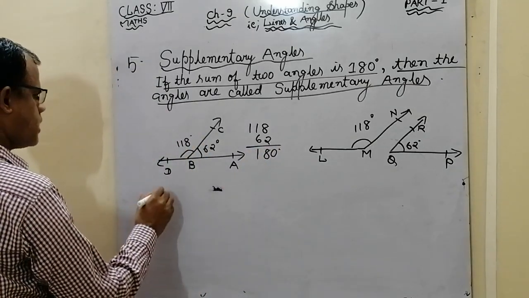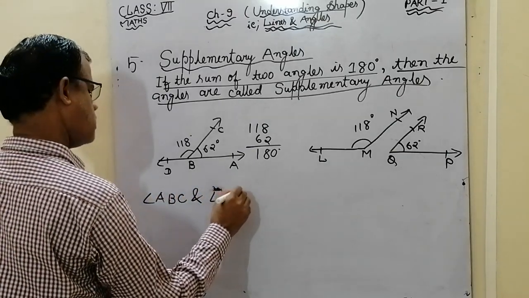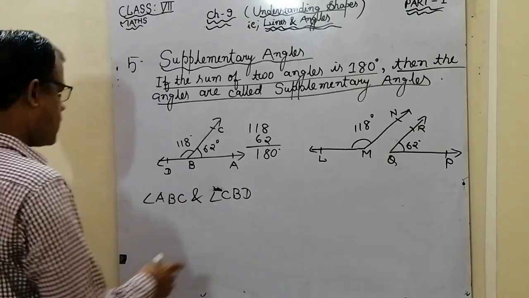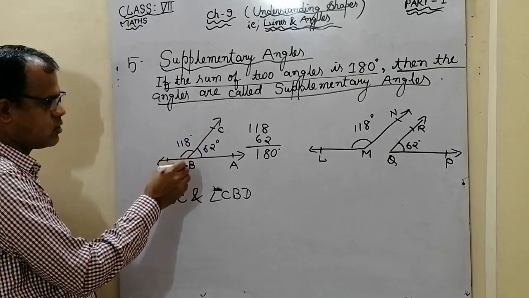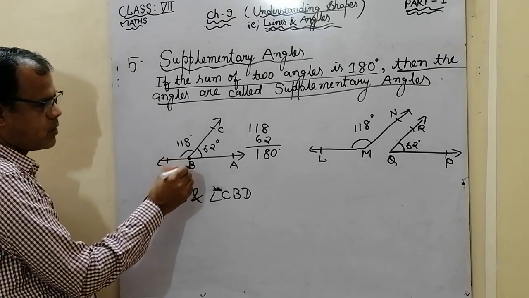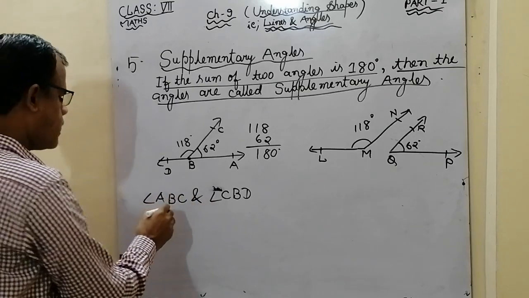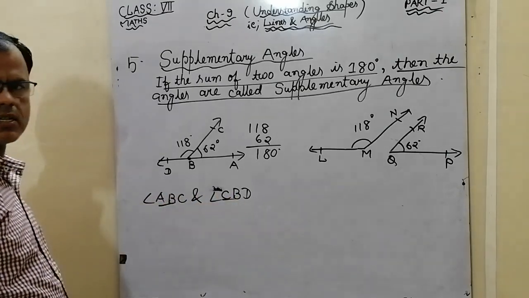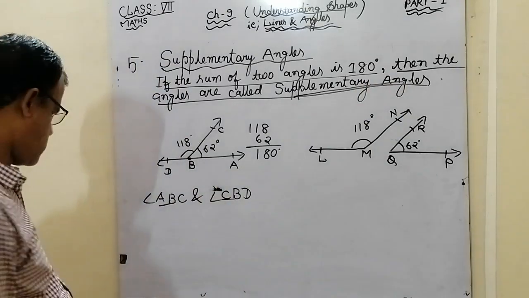So we can say that angle ABC and angle CBD are supplementary angles as well as adjacent angles also, because here you see this is common vertex B and BC is the common arm.